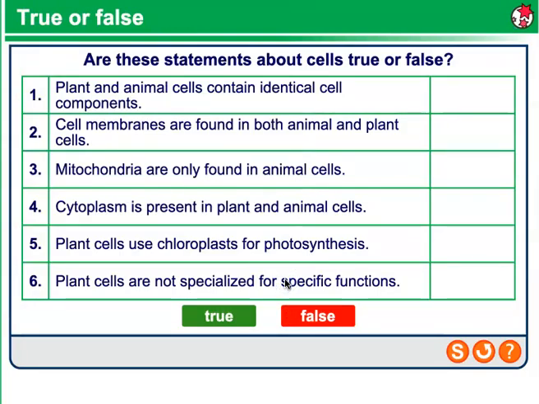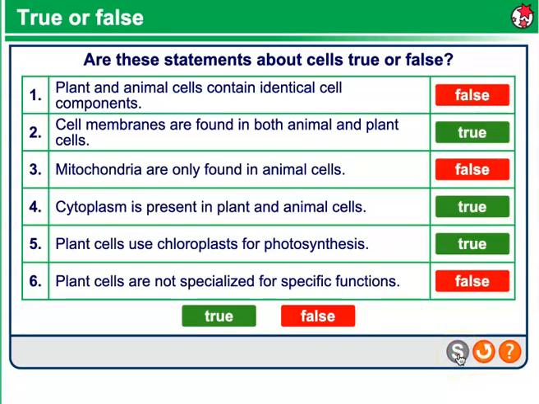True or false? Are these statements about cells true or false? Plant and animal cells contain identical cell components. That is false. Plant and animal cells have some differences. Cell membranes are found in both animal and plant cells. That's true. Mitochondria are only found in animal cells. That's false.